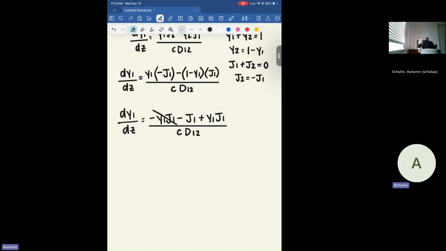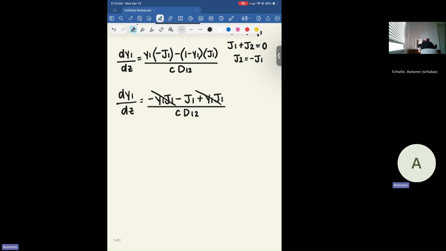These two terms conveniently cancel, which is perfect, because this becomes the derivative of the mole fraction of component 1 with respect to our position, and that is equal to negative the molar diffusive flux of component 1 divided by our overall molar concentration and our diffusive constant of components 1 through 2.